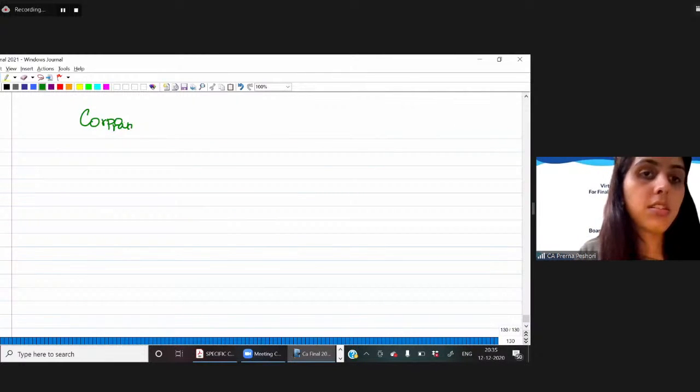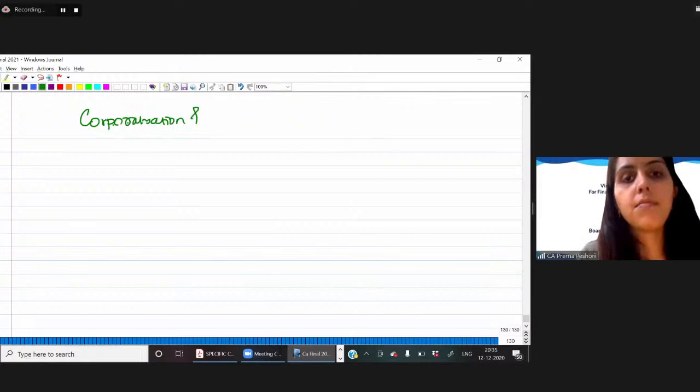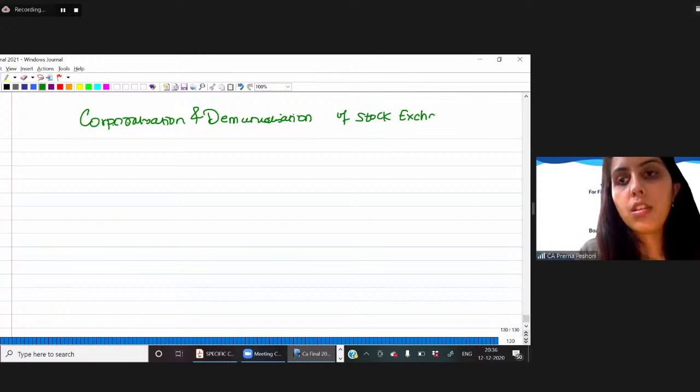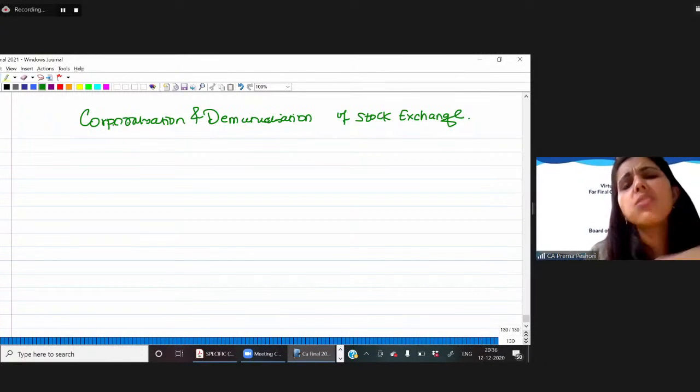Corporatization of stock exchange. These are very old provisions from when NSE and BSE were getting formed.